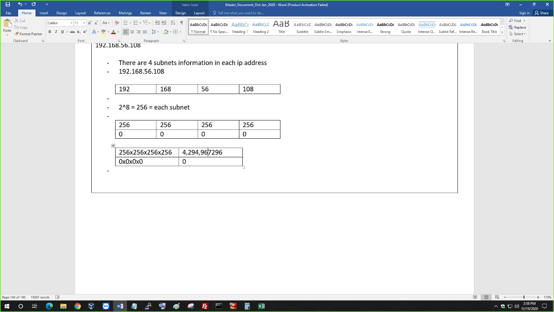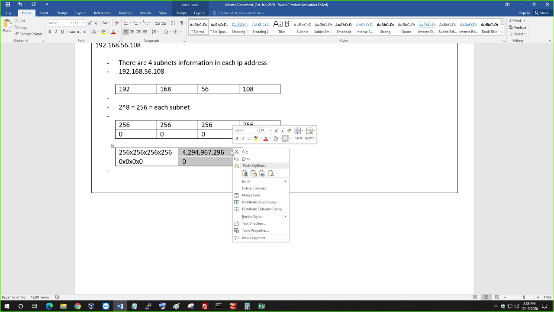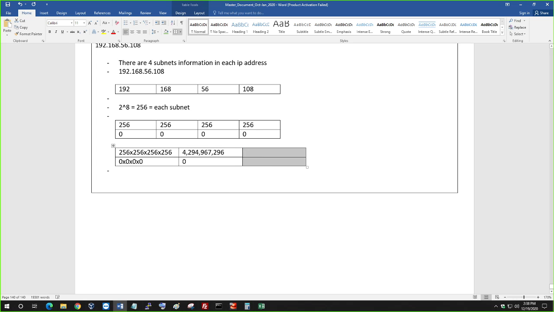4 billion, 294 million, 967,296. This is the maximum number of IP addresses in the world for IP version 4, IPv4.